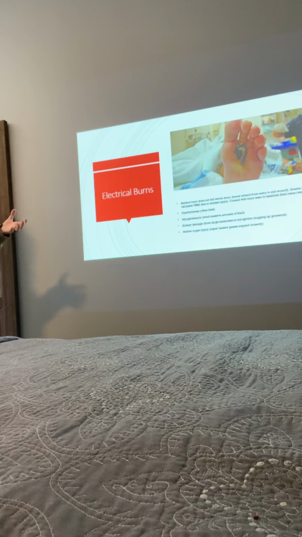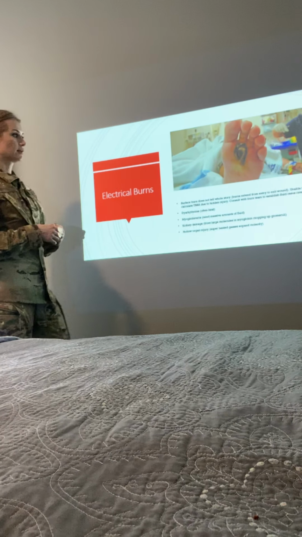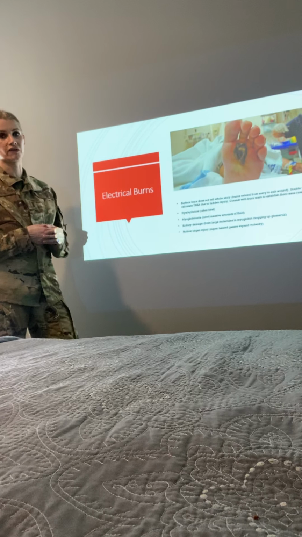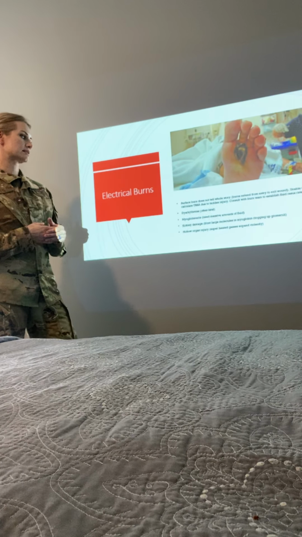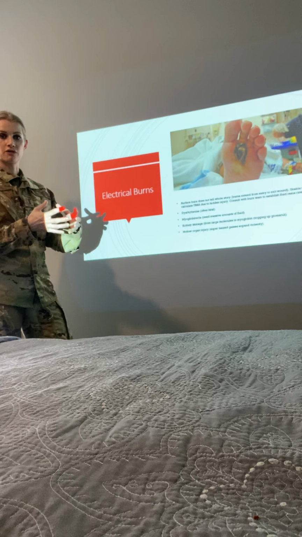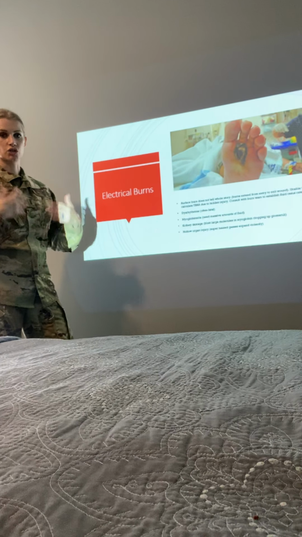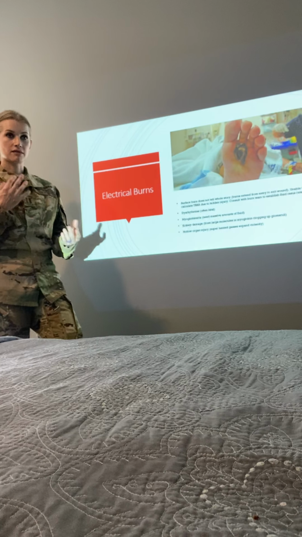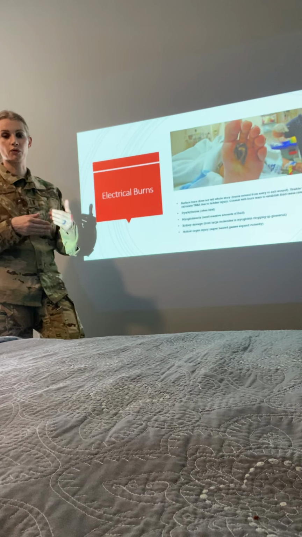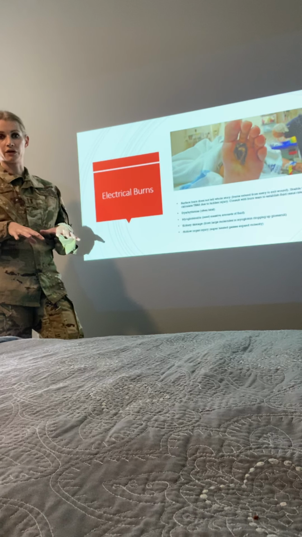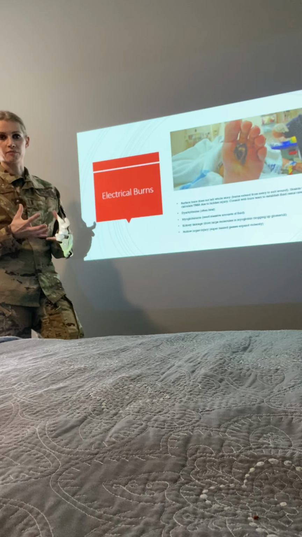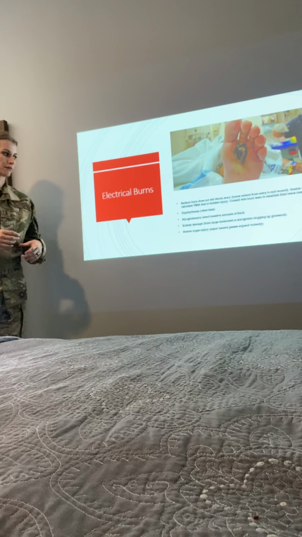It is a very large molecule, and it clogs up the kidneys. So these patients a lot of times will progress to renal failure. The biggest thing is making sure that you're flushing them with fluids and trying to get that myoglobin through. A lot of times they will tell you to titrate your fluid to clear urine. So that's the goal, to flush it out so that you're not getting that brown, tea-colored urine.